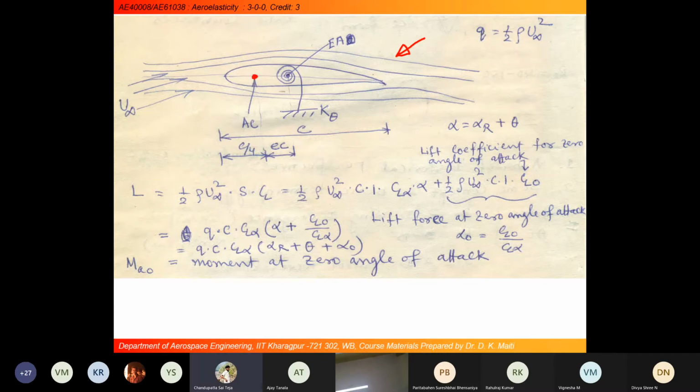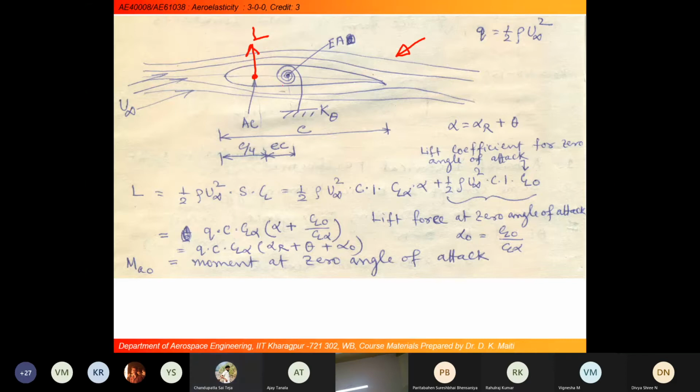That is important in terms of our aerodynamic load computation. Whatever load is calculated with respect to the whole aerofoil, that pressure will act upward from this as a resultant force, that we call the lift force. And there will also be a moment acting on that aerodynamic center.